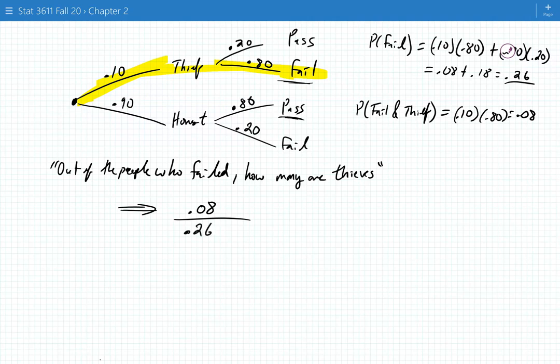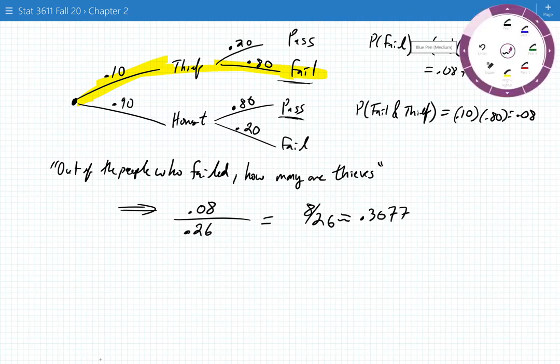There's a 26% chance that someone failed the test. And so the desired probability then is actually 8 out of 26, which is about 0.3077.